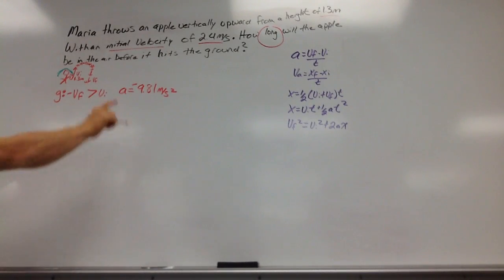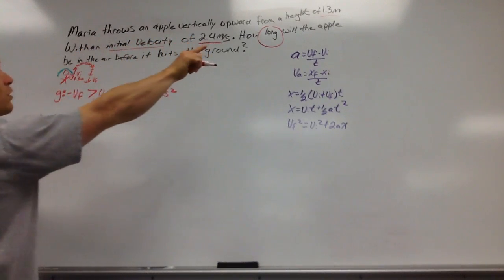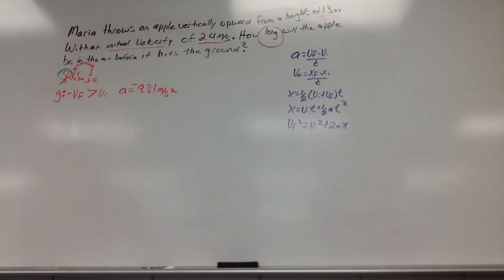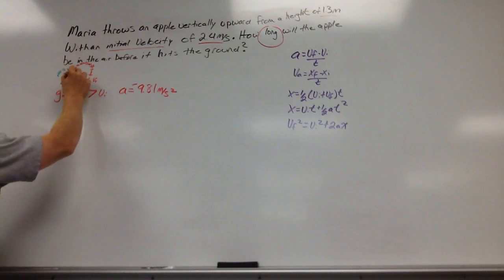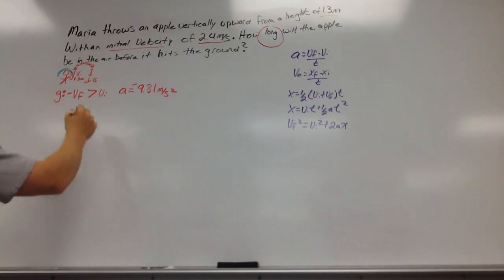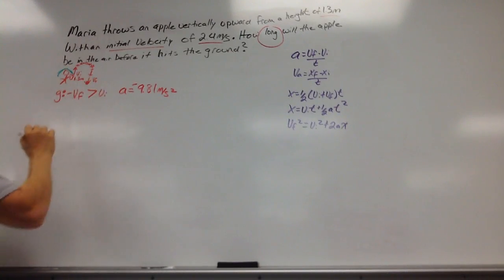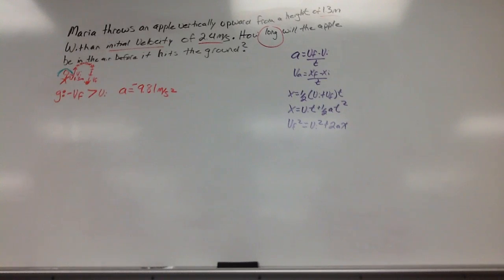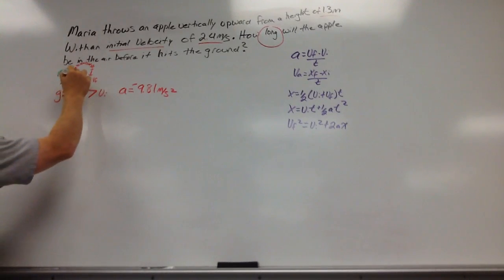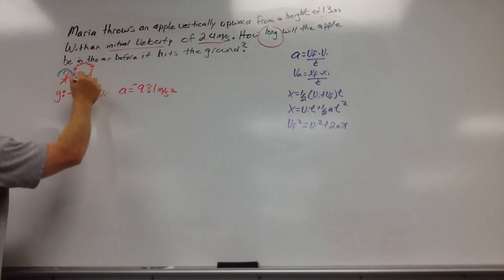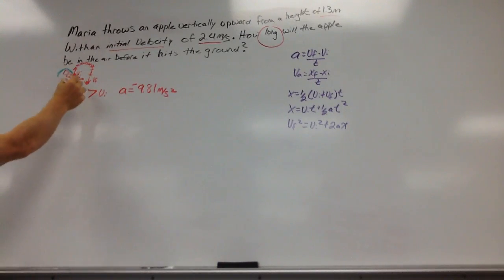And then also from the problem, she throws an apple vertically upward from a height of 1.3 meters. In the picture, it's thrown from 1.3 meters, but it ends up on the ground. So the displacement, remember, the shortest point from where it started to where it finished, is actually 1.3 meters.